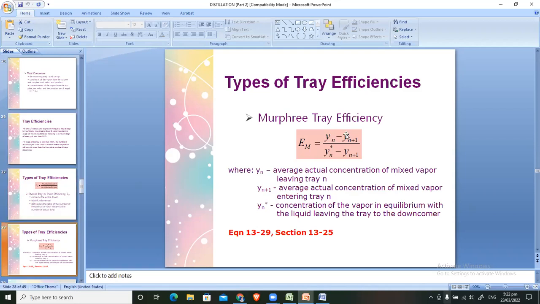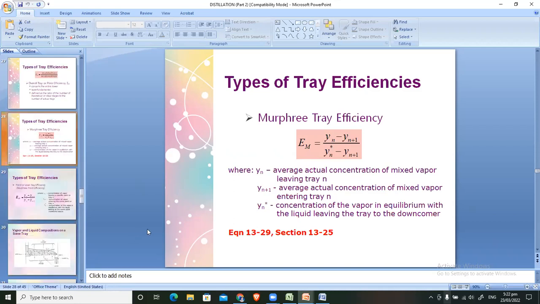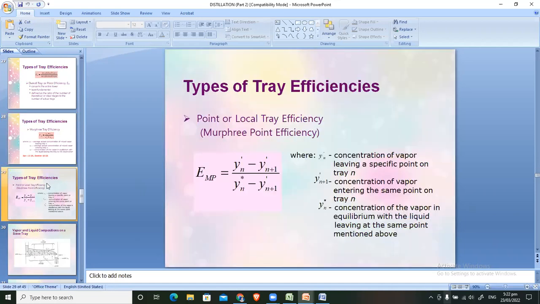Murphree tray efficiency is more accurate than the overall tray efficiency, which is least fundamental. And even more accurate is the point or local tray efficiency, or the Murphree point efficiency. It does not take the average of the concentration of the vapors leaving or entering a particular tray or stage, but it's really determining the particular concentration at a particular point on a particular tray.